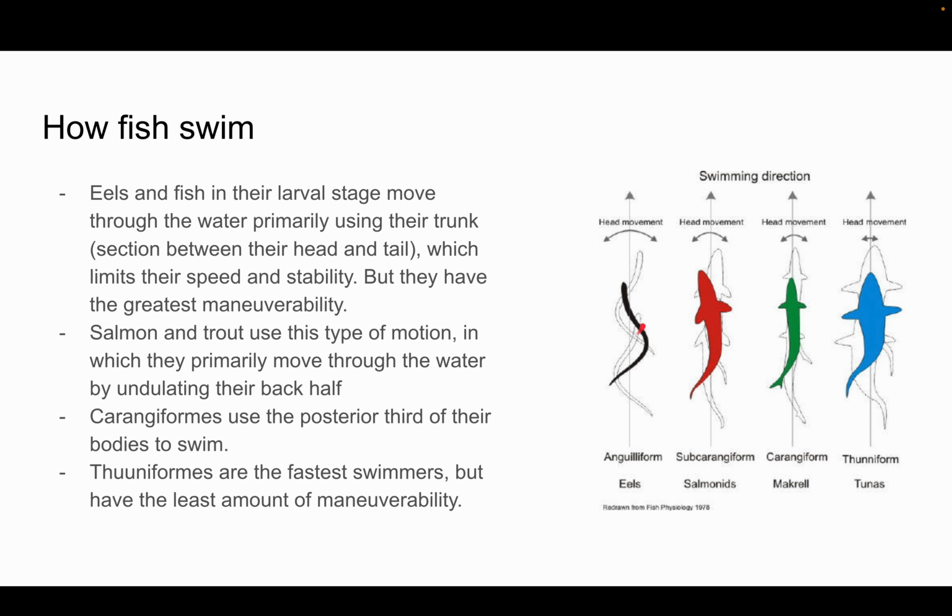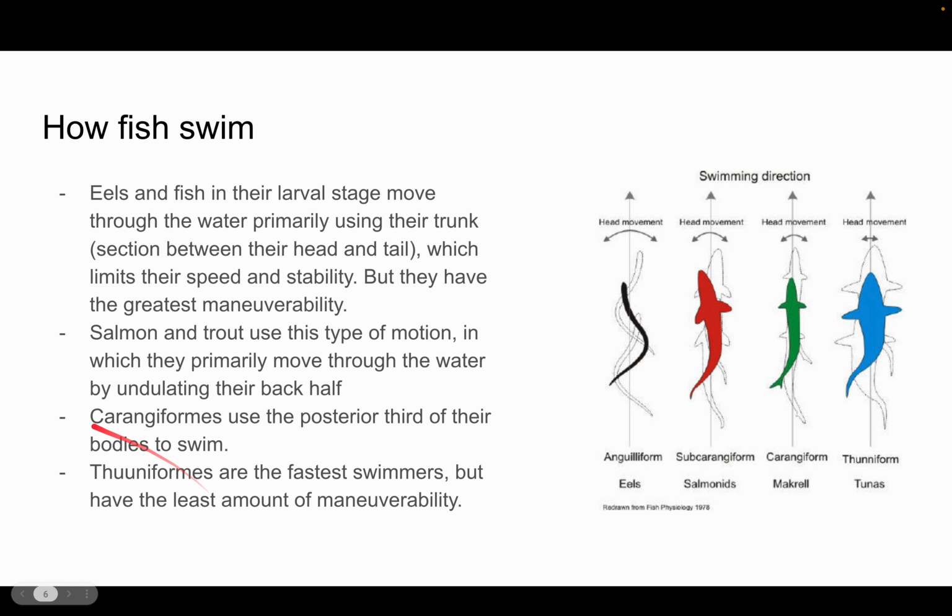So we've got to keep that in mind because they're just using their trunk to undulate. So this kind of motion is called undulation. Salmon and trout use this type of motion. We're talking about subcarangiforms. So subcarangiforms essentially undulate their back half, and it's mostly utilized by salmon and trout.